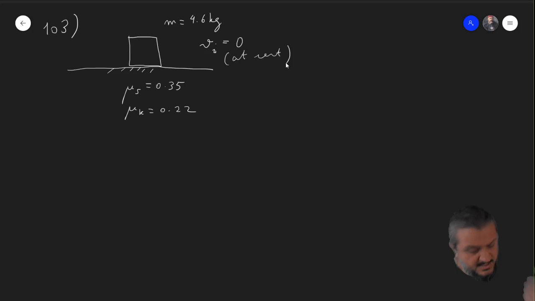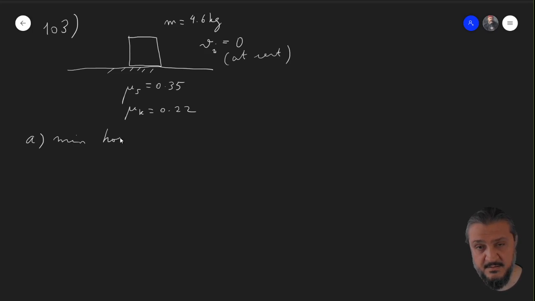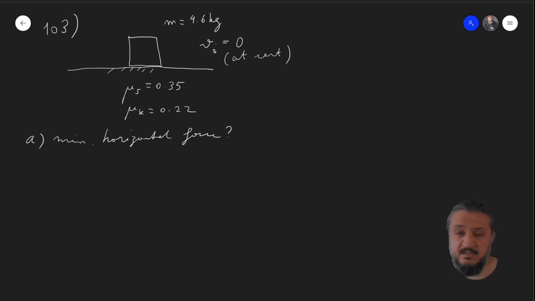So, A. What is the minimum horizontal applied force required to make the block start to slide? Minimum horizontal force. Okay, so you apply this force and the object will start to slide. Now, if you remember from the theory of friction, right?